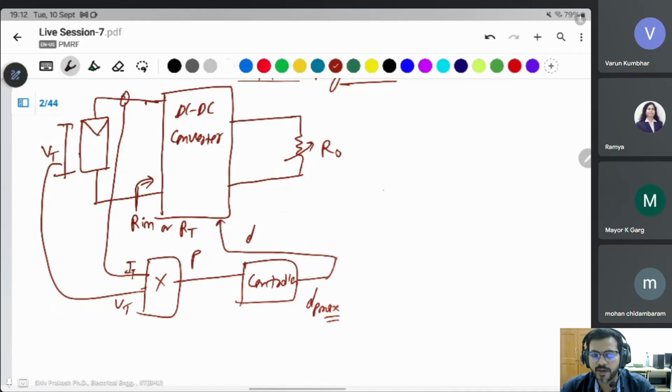There are different types of converter: buck converter, boost converter, buck-boost converter, where this is used. Same phenomena: take the current and voltage, then calculate the power. After that, compare the previous power and this power, P old and P new.